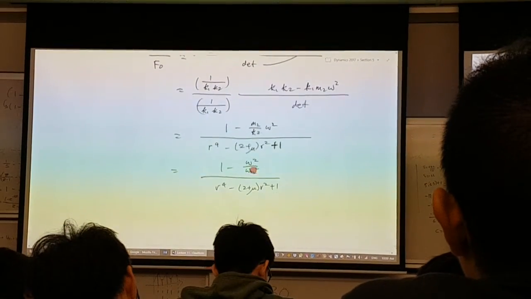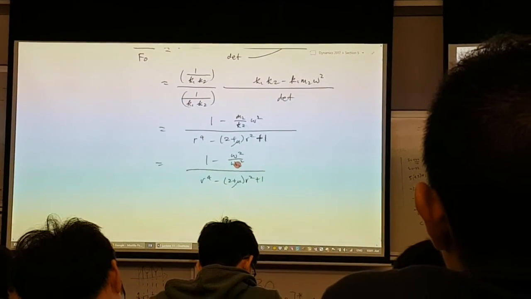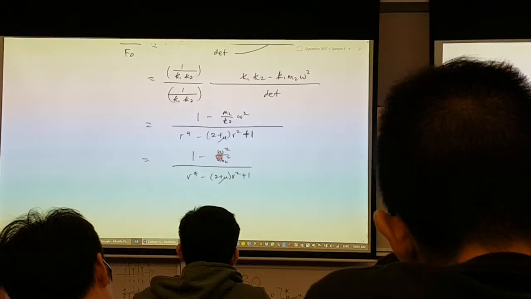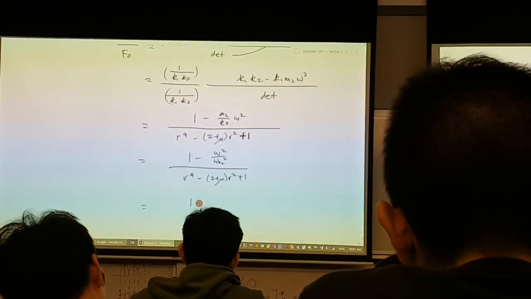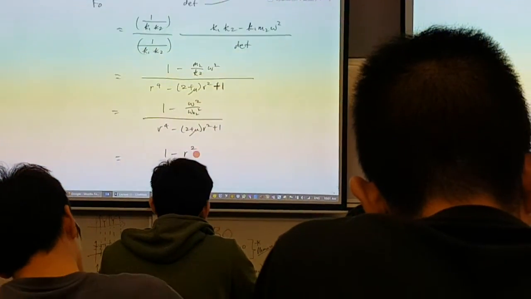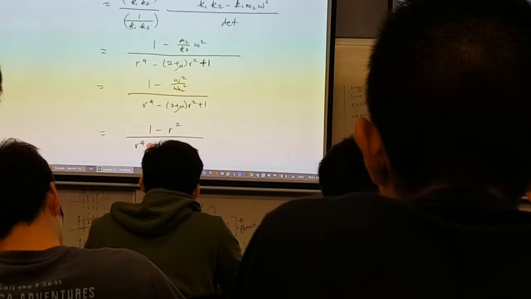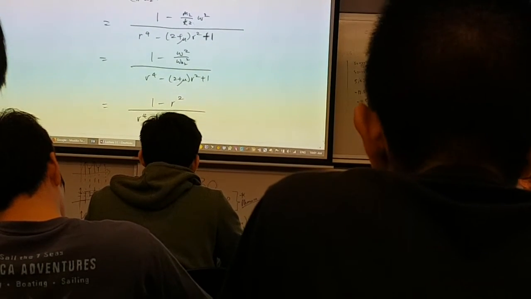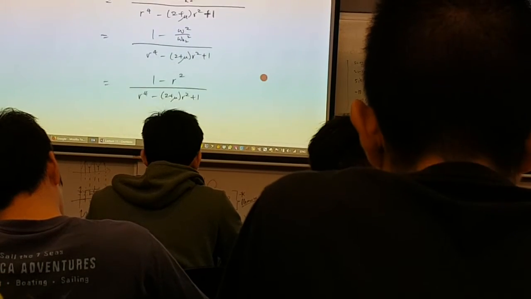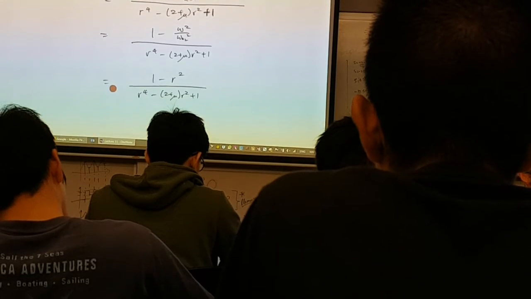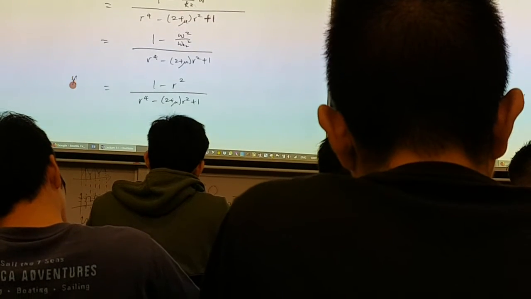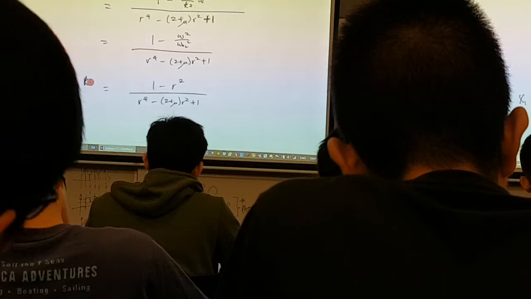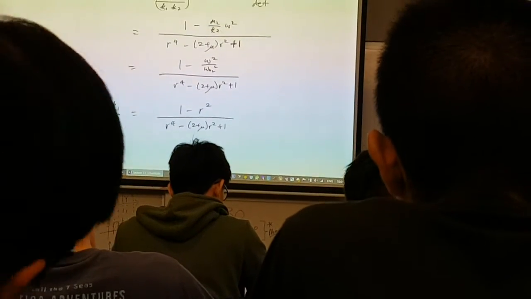We said before, this omega over omega n2 is actually R. So this becomes 1 minus R squared over R^4 minus 2 plus mu R squared plus 1. So this whole thing is actually equal to x1 k1 over f0.